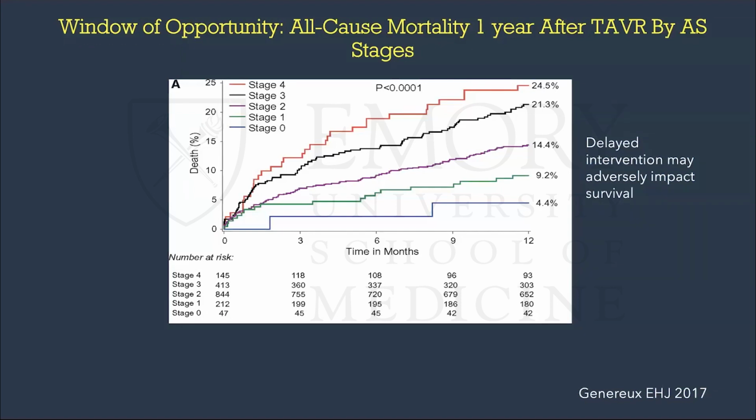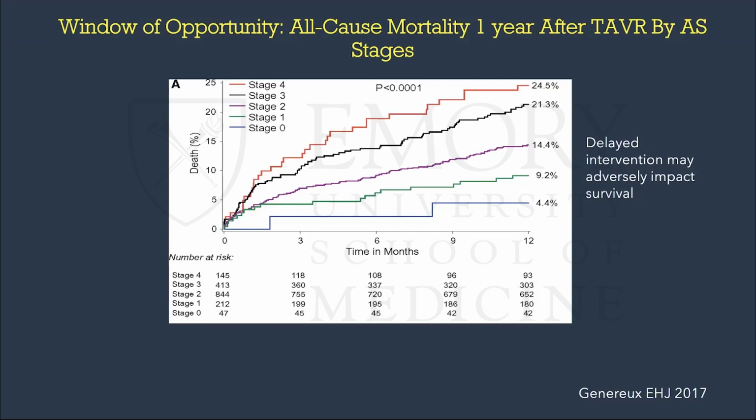And that's the importance of this staging, showing how, after intervention and after TAVR, patients who had higher stages to begin with before the intervention tend to do poorly after the intervention.